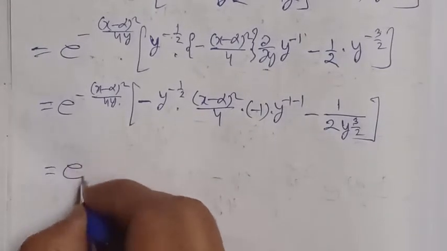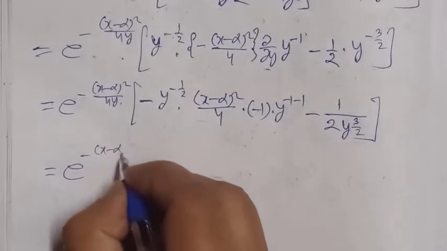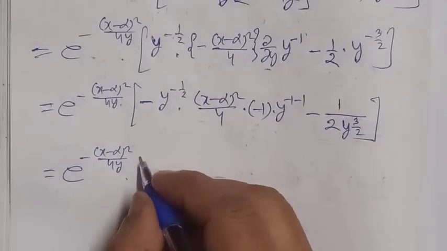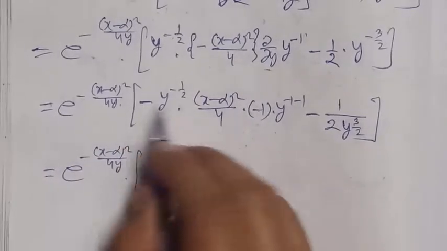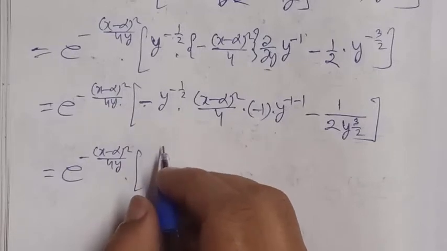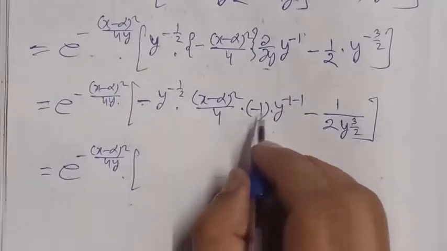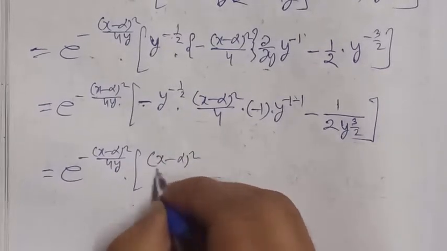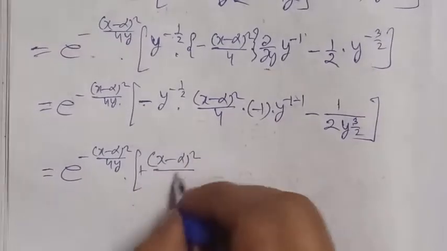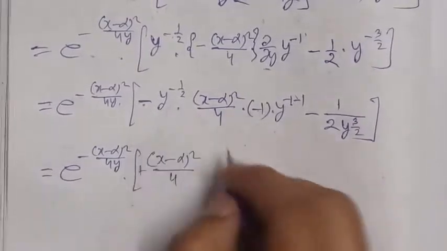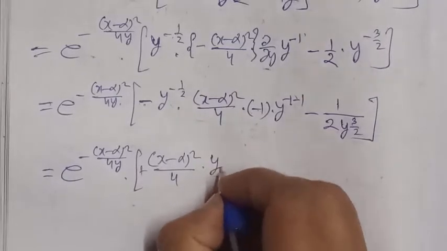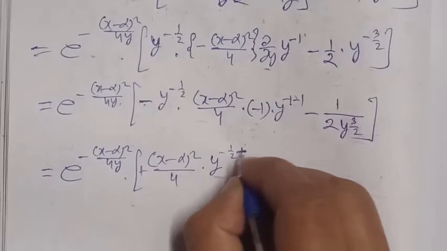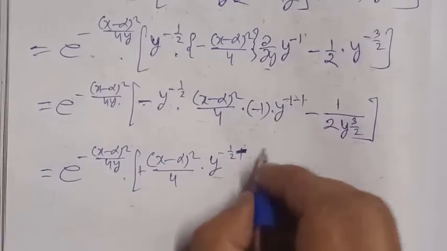So e to the power minus (x minus alpha) whole square upon 4y, and on multiplication minus minus becomes plus, and we should collect the power of y, and we write (x minus alpha) whole square, and this becomes plus, upon 4, and we should collect the power of y. Here it is minus 1 by 2, and this value is minus 1 minus 1, minus 2.